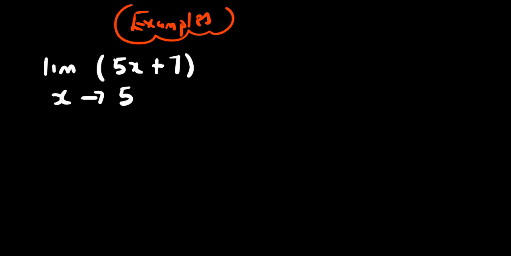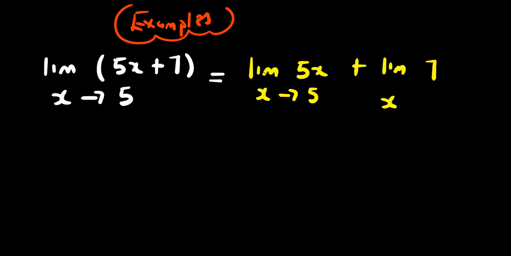So I'm going to solve this one. We're going to do the limit of 5x as x is approaching 5 plus the limit of 7 as x is approaching 5.